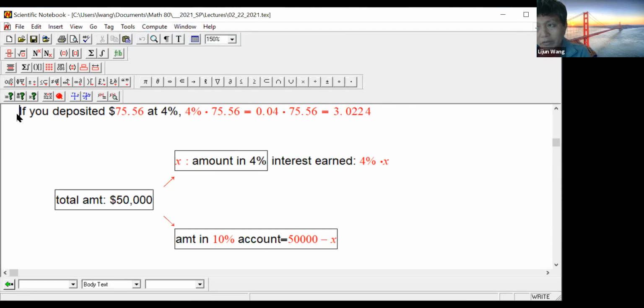This is the formula the bank uses if you deposit in a CD account. If you deposit X amount at 4%, how much interest are you going to earn?